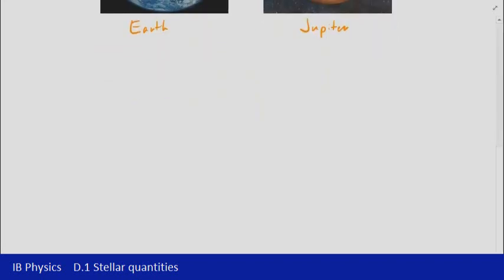The next one that follows on from that is something that's a moon. Now, a moon is a natural satellite, so it's something that has formed naturally. We've got artificial satellites that we put up in orbit around Earth, but a moon is a natural satellite that orbits a planet.